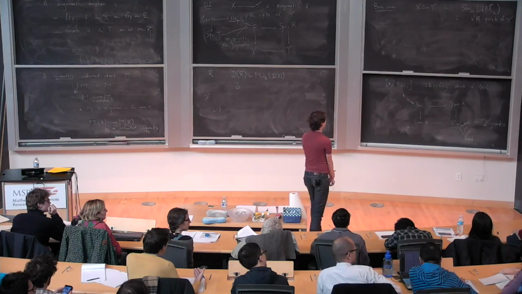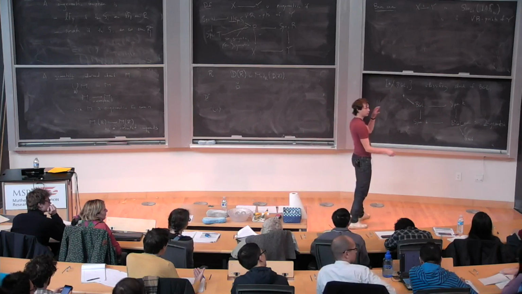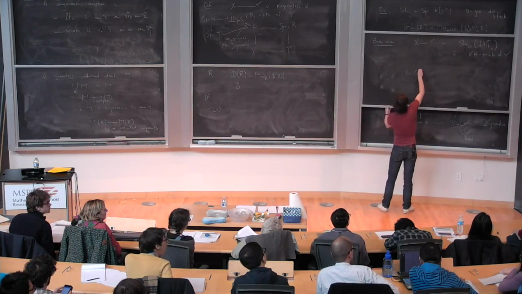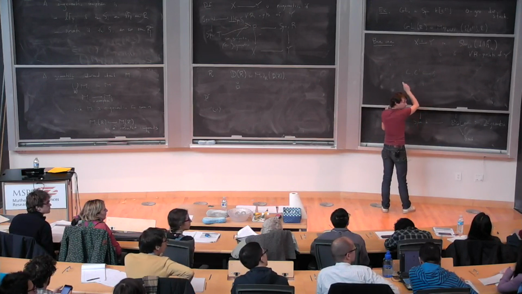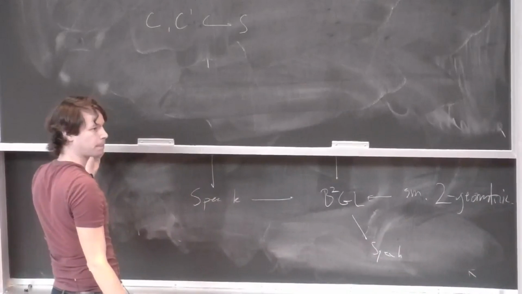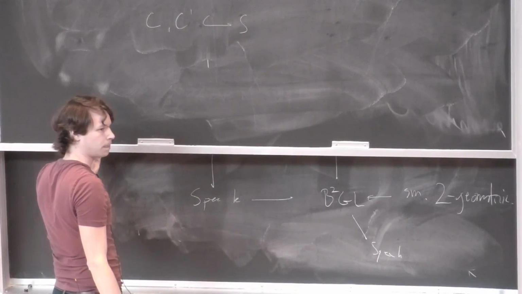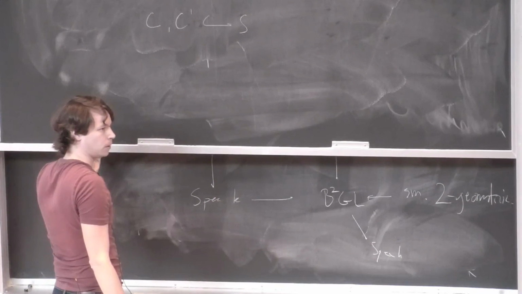I guess it's just Tor_1. I should have more information than just that. And the question is, what else does this give me in addition?